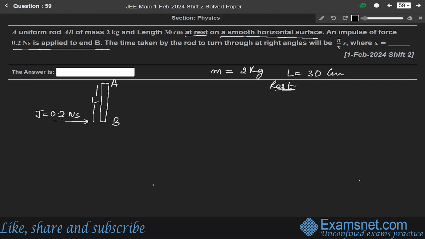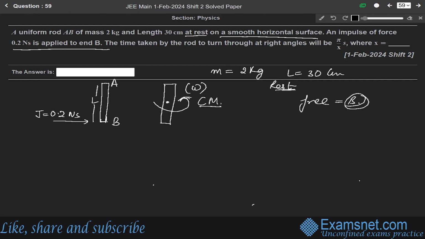Okay, when we apply this impulse at the point B, this rod will do rotational motion, it will turn. Since the point B is not fixed, it is free at point B, so it will rotate around the center of mass with an angular speed of omega.